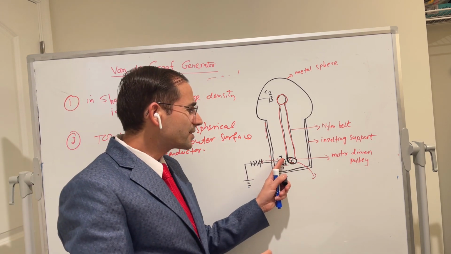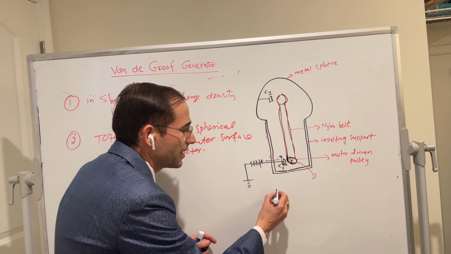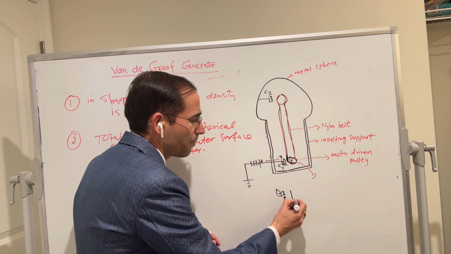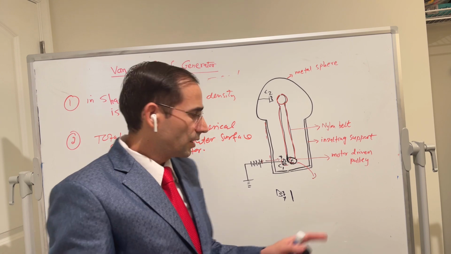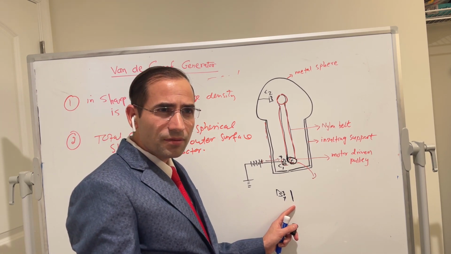But when it sees the positive charges nearby it, here is the comb with positive charges, and here is the part of the belt. Initially, it has an equal number of plus and minus charges.